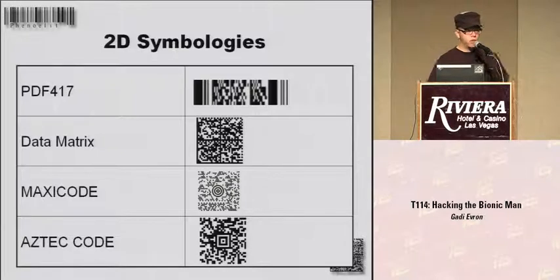That is true for most two-dimensional barcodes. You often see Aztec barcodes on UPS parcels. I've rarely seen MaxiCode except for on stuff that Cisco sent me once in the mail. And PDF barcodes are widely used in Europe for ticketing systems, and we're going to go into those later.